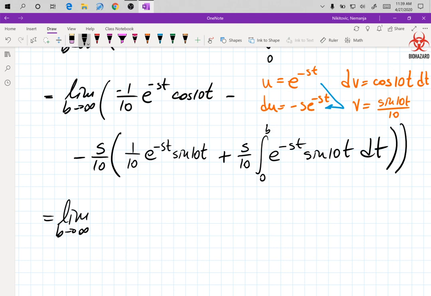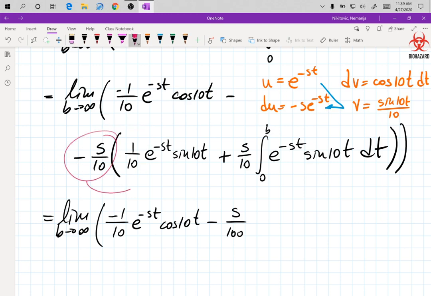Limit b goes to infinity. We have a negative 1 over 10 e to the negative st cosine 10t minus s over 100 when you multiply. Right now we're distributing this one on two terms.